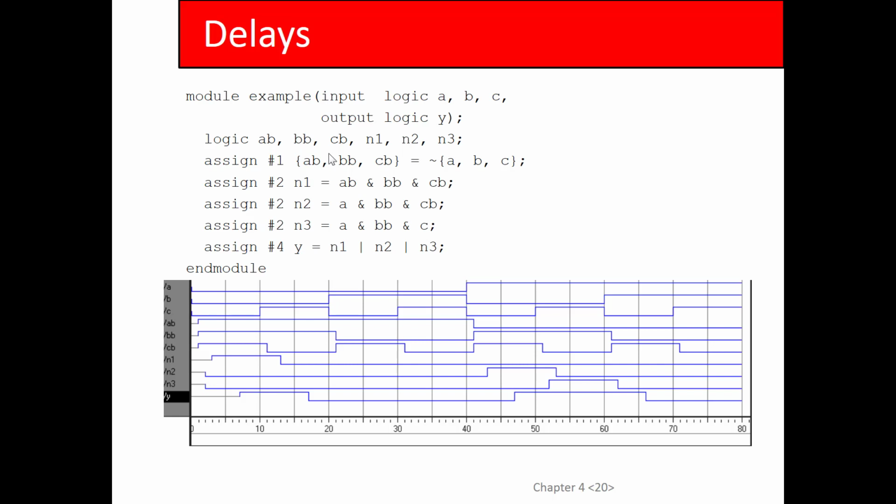However, in some rare cases, you can synthesize your code, put it into a technology, and then back annotate the Verilog with delays, which allows you to simulate delays. And the way it's done is it uses these little hash marks.